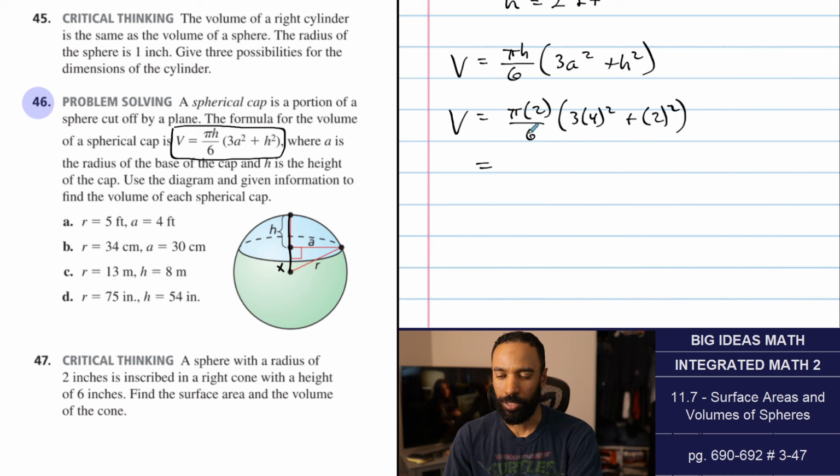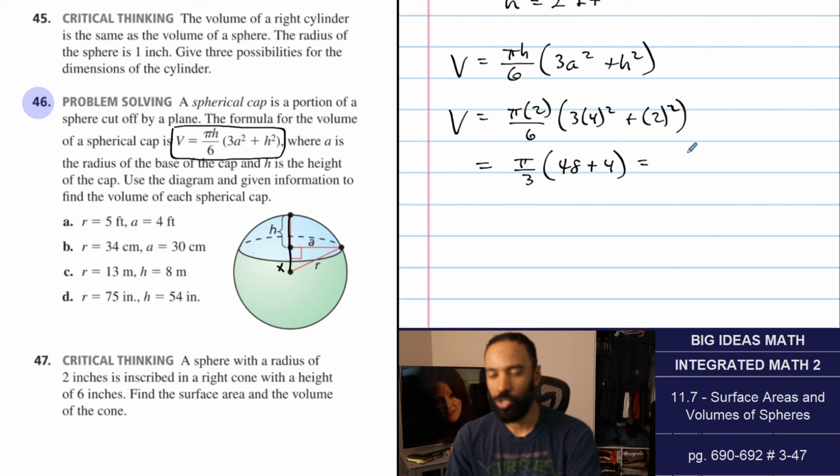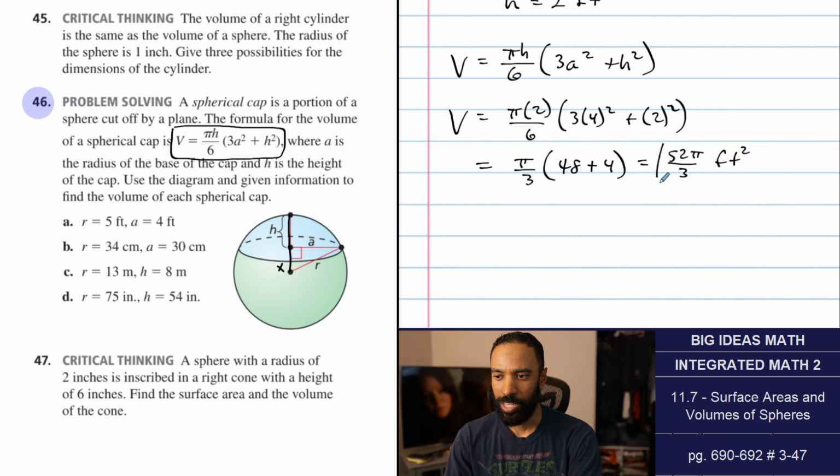I could go to the calculator here, but I'm going to work out some of this. This is pi over 3, and this is 16 plus 4, so 48 plus 4. So this is 52 pi over 3. 52 pi over 3. This is square feet. That's an exact answer, but the rounded answer, this is just for part A.